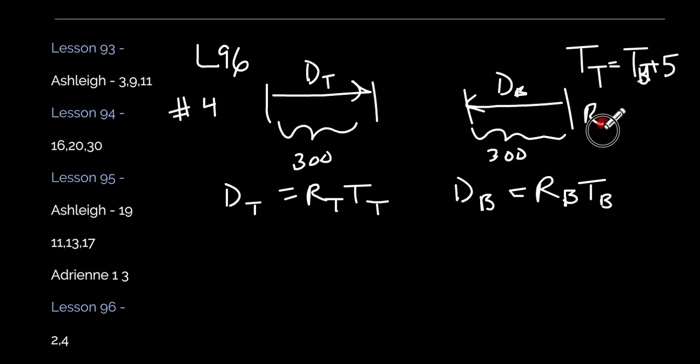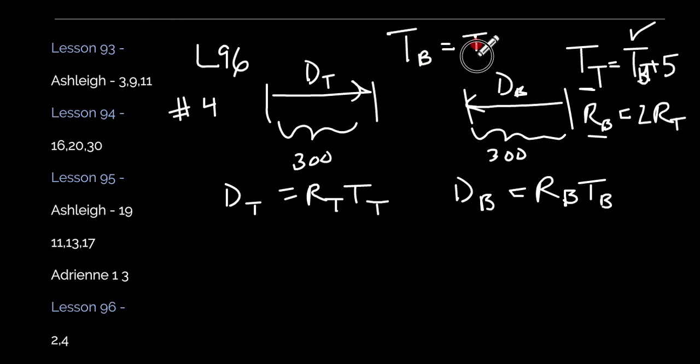And the rate back equals twice as much as the rate t. Now these are solved for different variables, the t and the b. So I'm going to take this equation and solve it for t sub b. So t sub b equals t sub t minus 5.